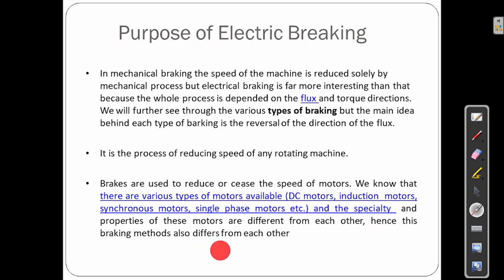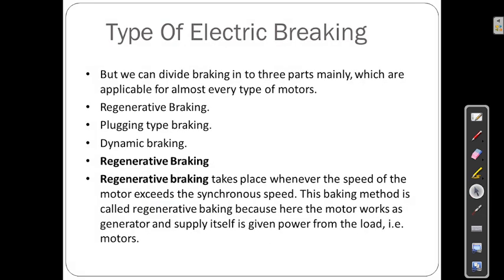Hence, the braking method also differs. But we can divide braking into three parts, which are applicable for almost every type of motor: regenerative braking, plugging type braking, and dynamic braking.